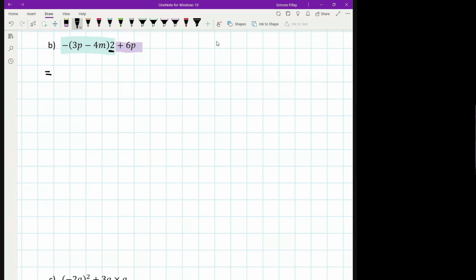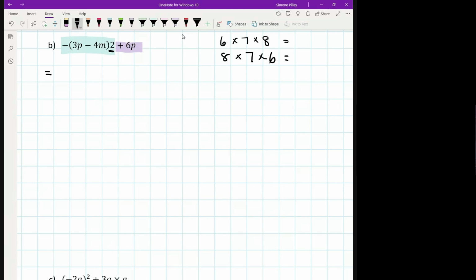If I said 6 times 7 times 8, and then 8 times 7 times 6, are these two going to give me the same answer? Yes, they are, because with multiplication, it doesn't matter the order in which I multiply. If the numbers are the same, it's going to give me the same answer.